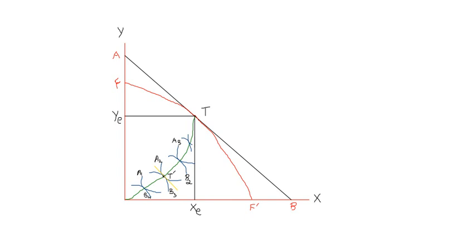A Pareto efficient distribution of commodities would be the one in which it is impossible to increase the utility of one consumer without reducing the utility of the other. Please keep in mind that higher indifference curves give higher utility, higher satisfaction to both the consumers. So for consumer A, A3 would be preferred; for consumer B, B3, B4 would be preferred. So higher indifference curves are preferred.